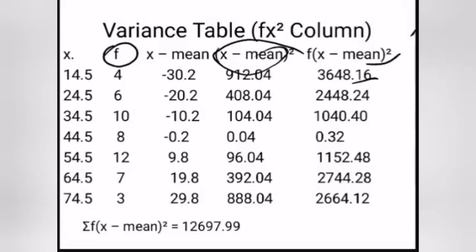We multiply the frequency. 10 times 104.04 to get 1040.40. We'll do 8 times 0.04 to have 0.32 and so on. Same thing, we'll do 3 times 888.04, we'll get this.